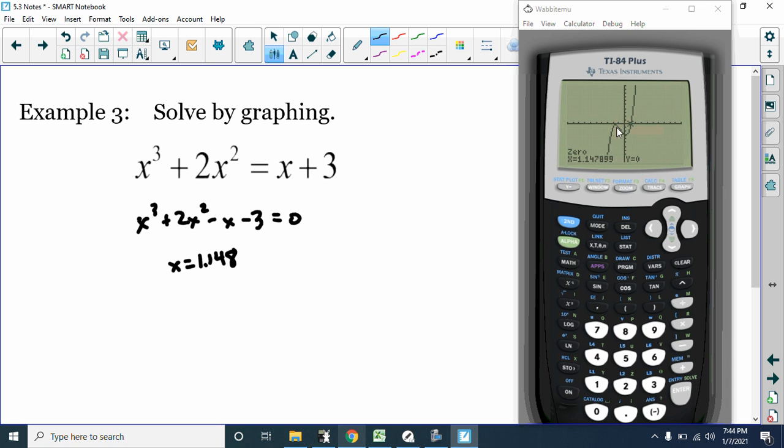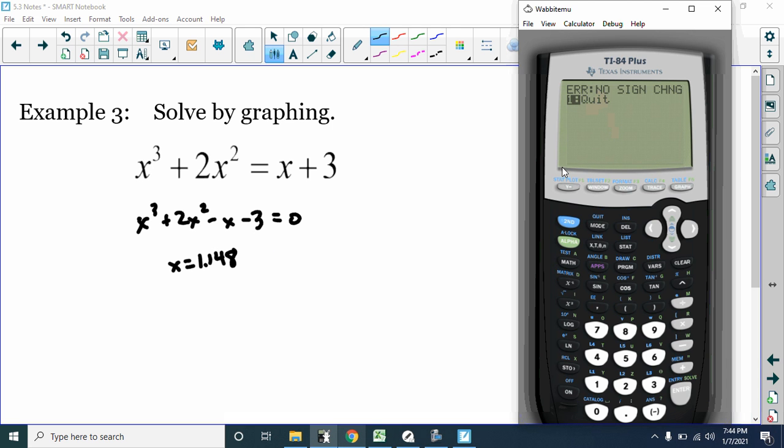Looks like we might have another 0 here. It's kind of hard to tell. It might touch the x-axis, it might not. You can go ahead and try to calculate that 0, second trace, number 2. If there is one, it's in between -4 and 0. Guess, just push enter again. And notice it spits out an error.